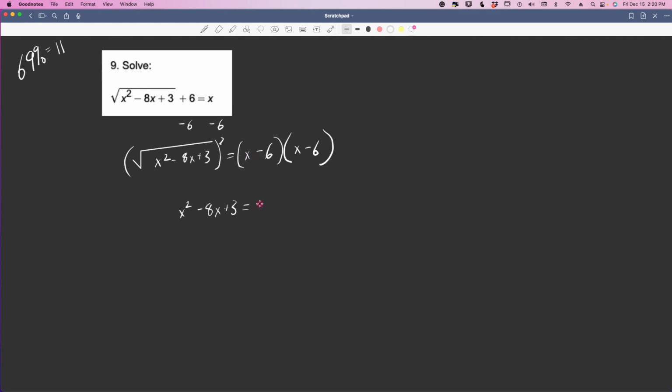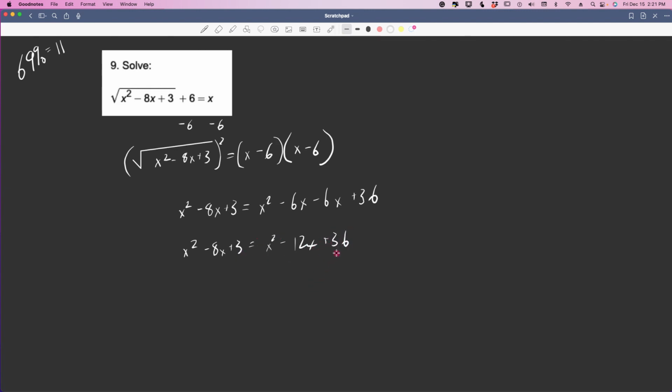So that would be x squared, negative 6x, negative 6x, positive 36. So we would have x squared minus 8x plus 3 equals x squared minus 12x plus 36.